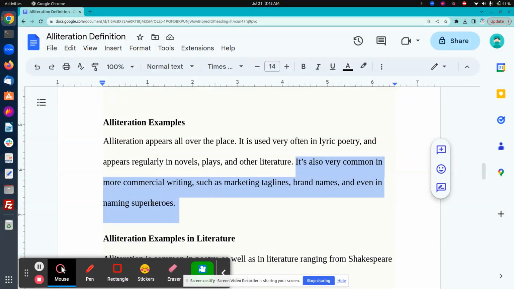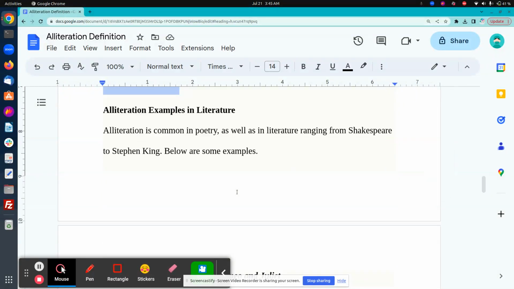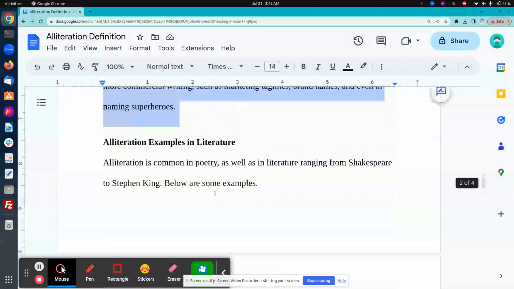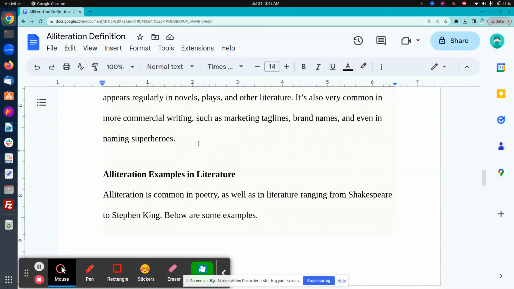There are a lot of examples of these; we're going to look into them later. If someone asks you what the uses of alliteration are, you can say its use in plays, literary texts, marketing taglines, and brand names. For example, Dunkin' Donuts.